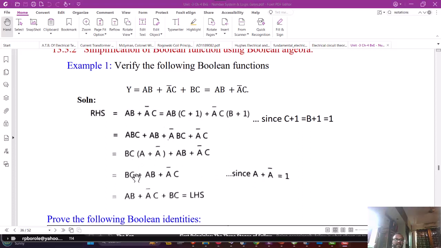So you will get here BC or AB or A bar C, and if you check, this is nothing but the left hand side, and therefore we have proved RHS as LHS. If you take the left hand side, then you can have a reduction of the variables and you are getting the right hand side.